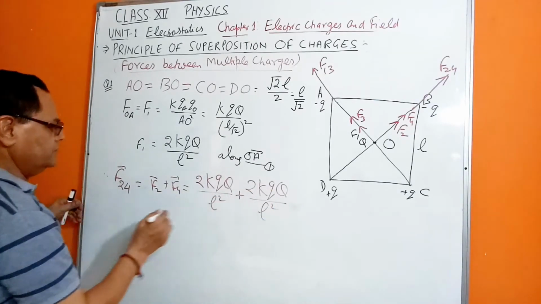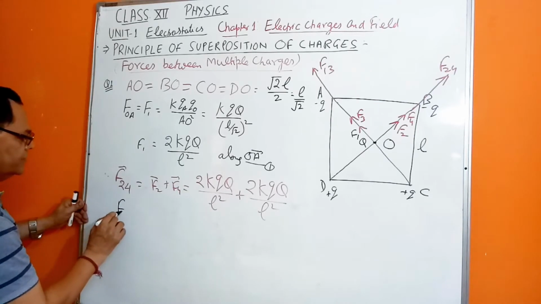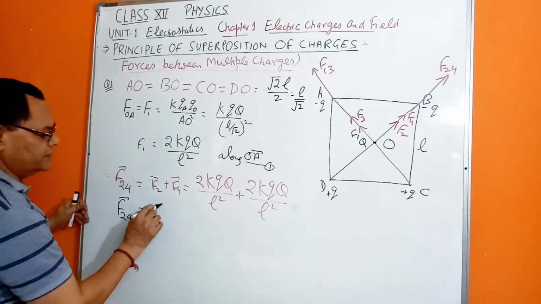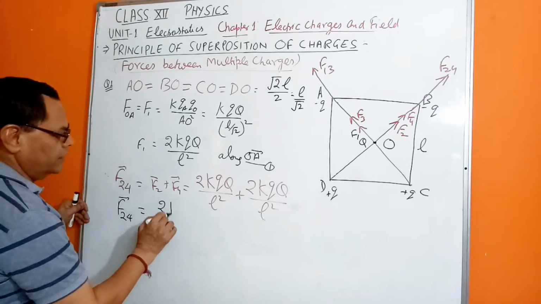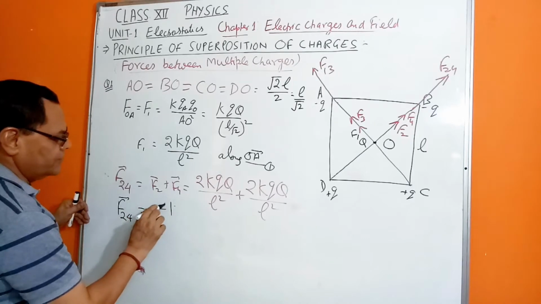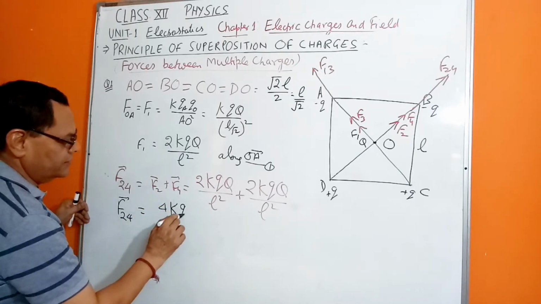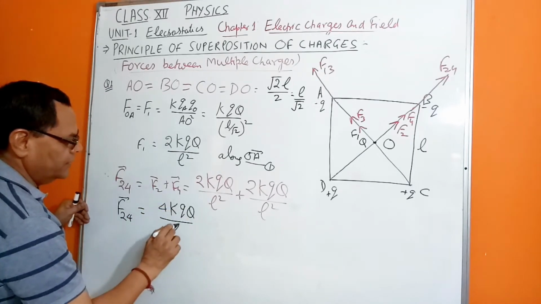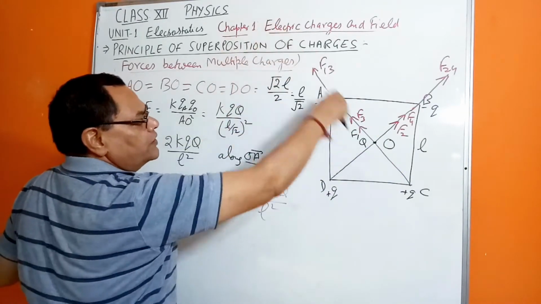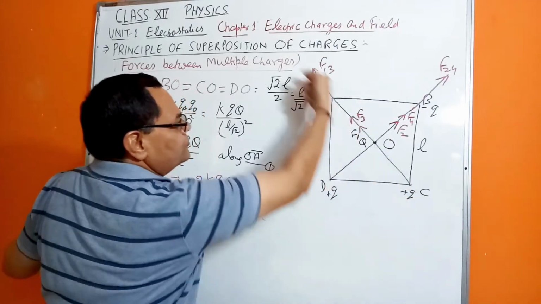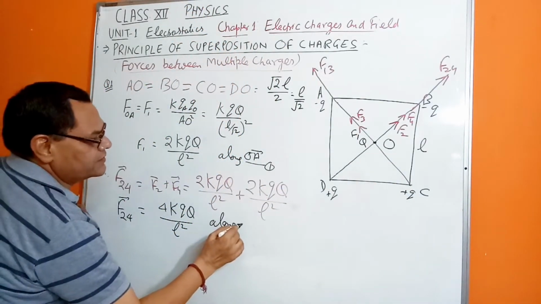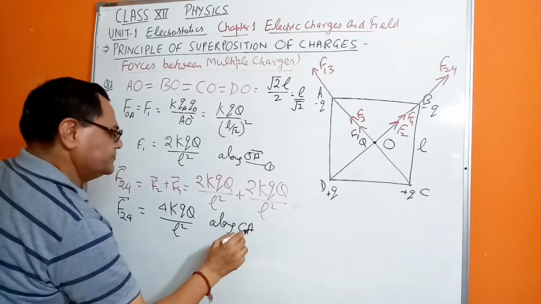So finally F24 is nothing but 2k plus 2k, so 2 plus 2, 4. So this becomes 4kqQ upon L square. And what is the direction? Overall you can say it is acting from C to A. So you can put the direction as well, that is along CA.